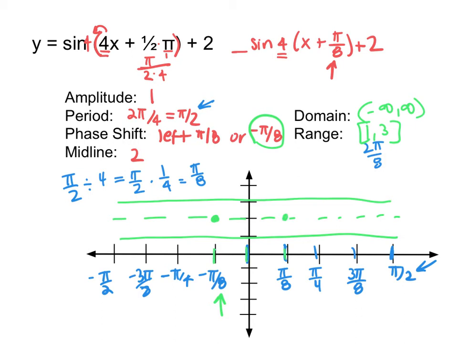2, 3 is on the midline. 4, 5 is on the midline. Going backwards, this one's on the midline. And the last tick mark that I don't have is on the midline. Again, right here, because this is a positive sign, I will increase before I decrease. So that's my maximum. That's my minimum.